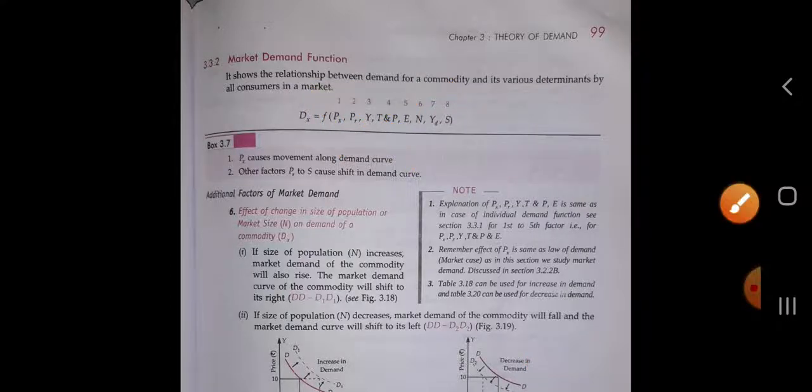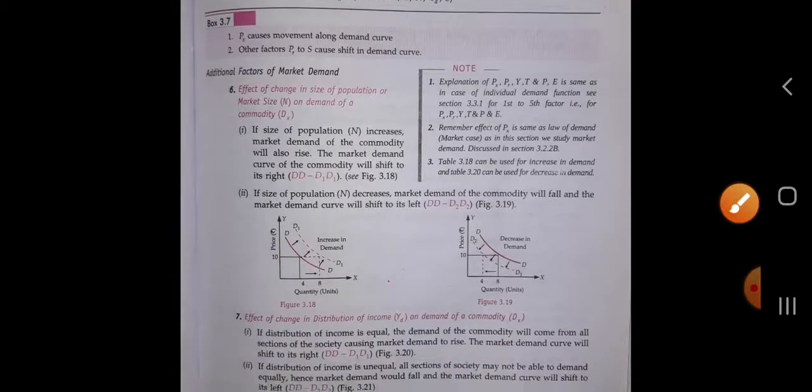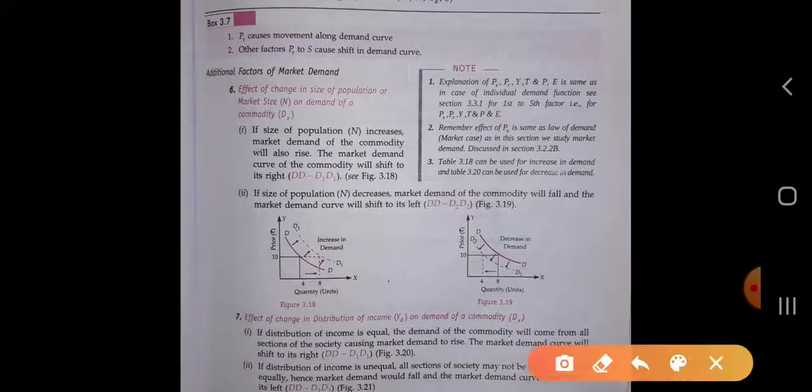First is the effect of a change in the size of population or market size on the demand of the commodity. If the size of the population increases, the market demand of the commodity will also increase. It is so simple.